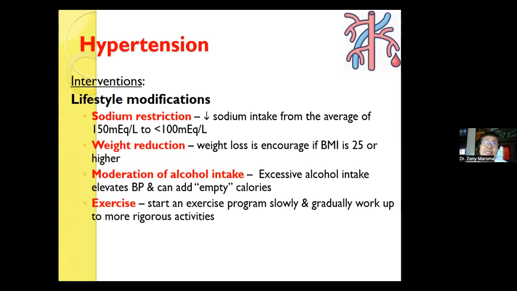So dapat yung exercise mga 20 to 30 minutes, about 3 times a week, na pinawisan ka talaga at nagta-tachycardia. Yun, a good exercise. Of course, stop smoking. Ayan yung mga lifestyle modification.